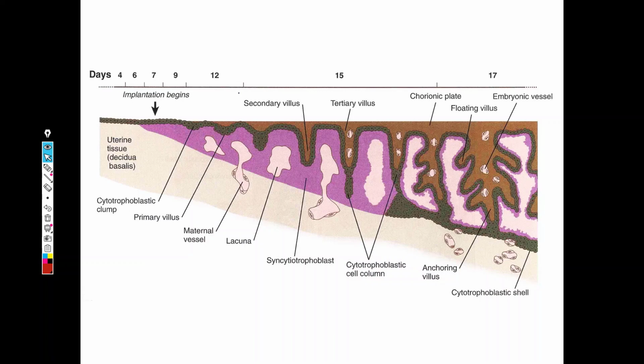So here we have days. First we have some primary villi over here, just made of cytotrophoblast and syncytial trophoblast. Here we have a secondary villus. Here we have days, so you can see after the second week we develop tertiary villi over here, because we now have vessels inside.